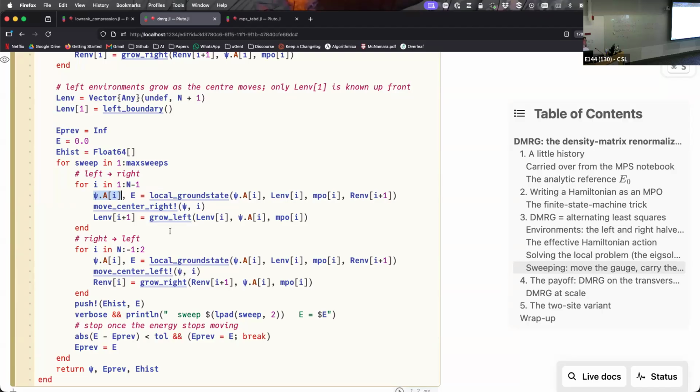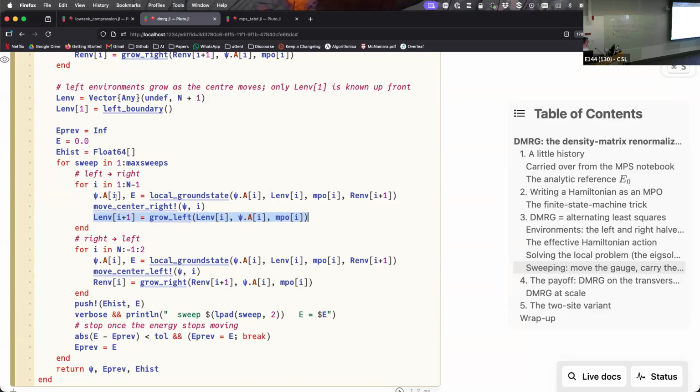And simultaneously, because I will now have to solve the next site, I need to grow my left environment by one site. I need to go one over to the right. And so I compute the left environment of i plus 1. And when I say environment, I just mean this L thing, the boundary coming from the left.